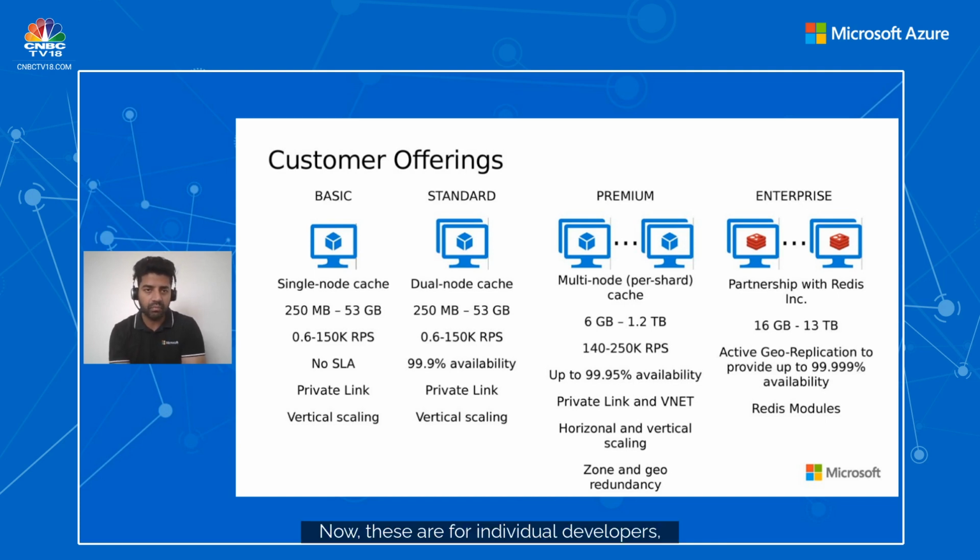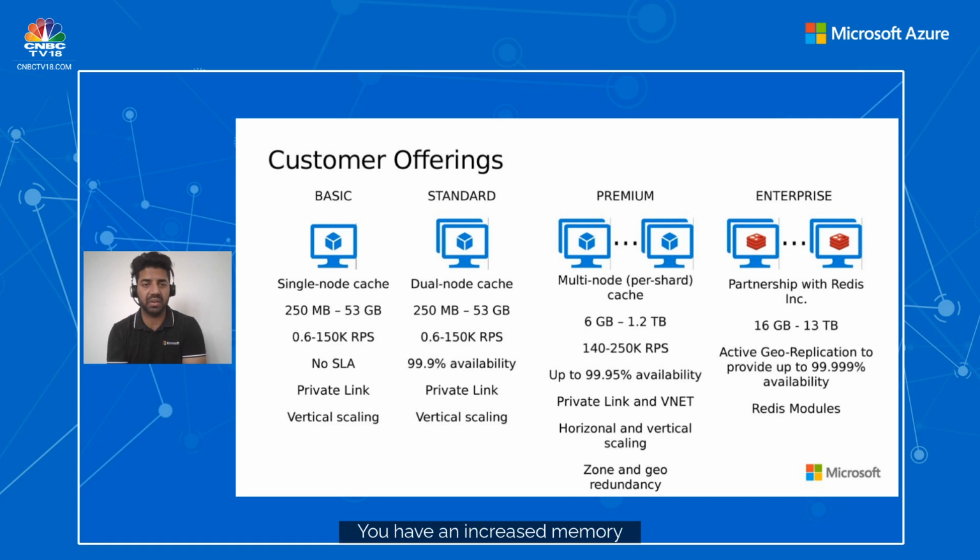Now, these are for individual developers and small teams. However, you may want to go a little higher in terms of your application requirements, your availability, and the features you demand from this service. In that case, we have the premium tier. In the premium tier, we have a multi-node or multiple shard cache. What that means is you have more than one virtual machine separated out in different availability zones, and they provide you a higher availability of the service.